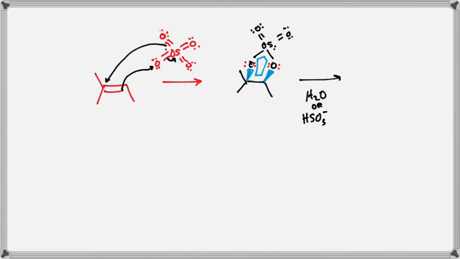What ends up happening is you cleave off the osmium and you leave behind your alcohols. This is going to become important for a couple reasons. One of which I should have already addressed is that process is going to maintain the alcohols in the exact same orientation. Mechanistically, how does that happen?